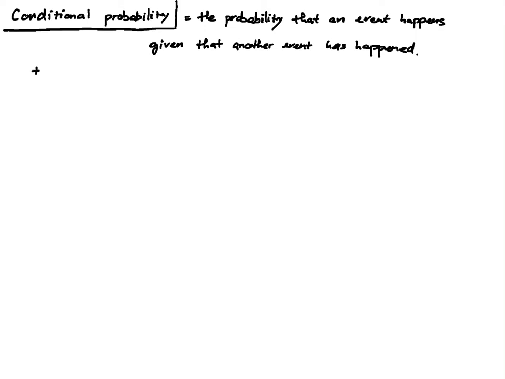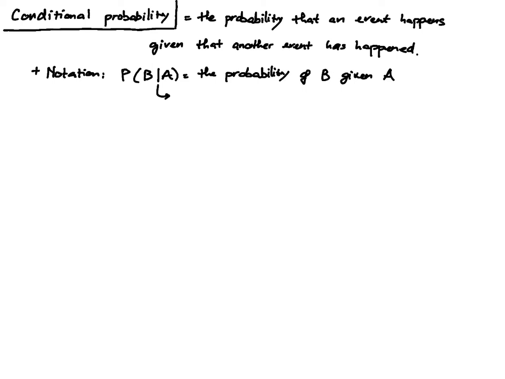Now mathematically, the notation for it is as follows. So this is a notation for the probability of B given A. And this right here is a vertical line, right?